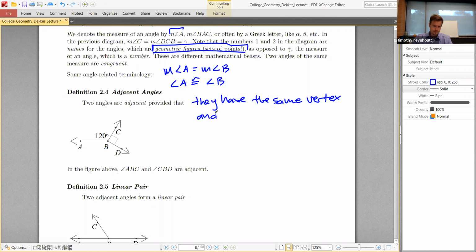They also share a side, but also have no interior point in common.